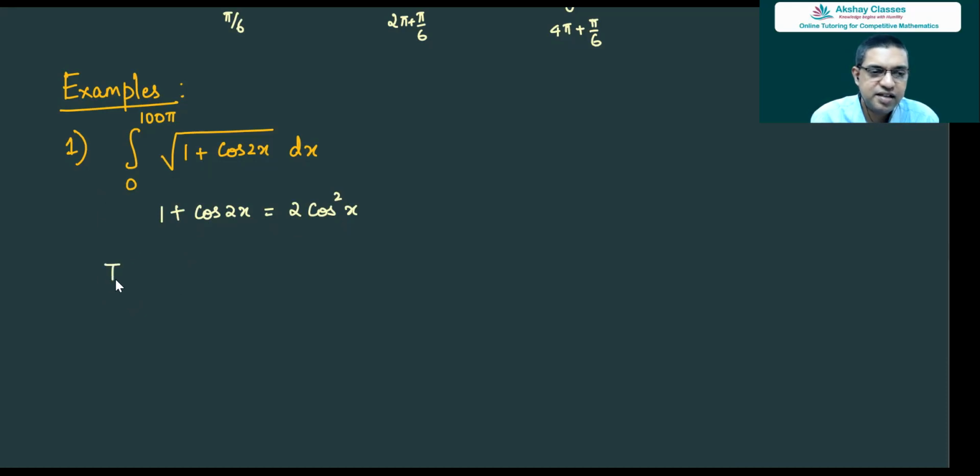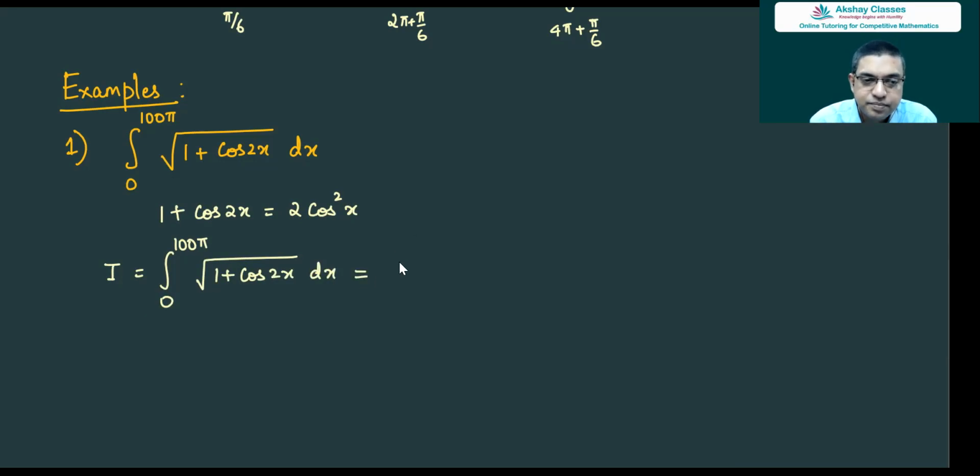So now this integral 0 to 100 pi under root of 1 plus cos 2x dx is integral 0 to 100 pi under root of 2 cos square x dx.